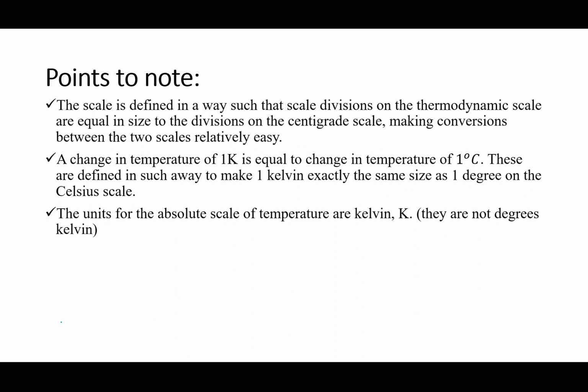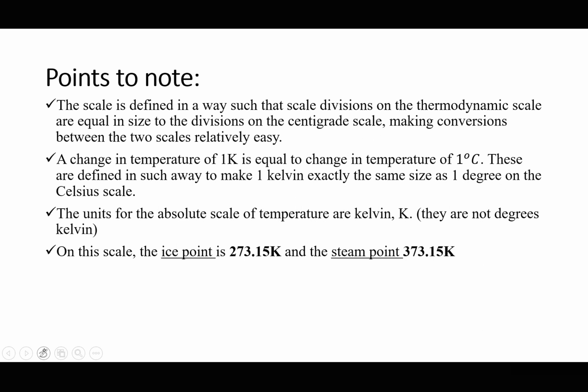And remember also that on this scale, the lowest point, which is 0, is 273.15 Kelvin. By the way, it is only given as 273.15 Kelvin if it is 0.00 degrees Celsius. If it is 0 degrees Celsius, then it is given as 273 Kelvin.